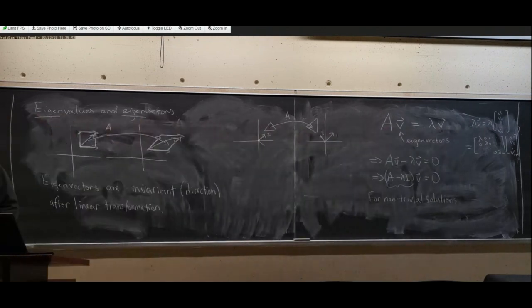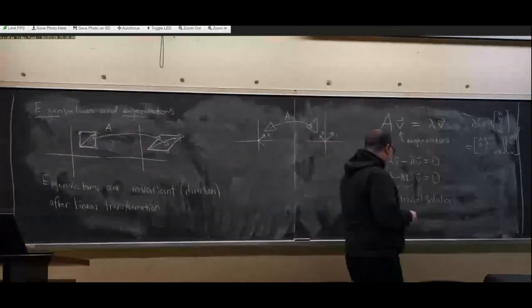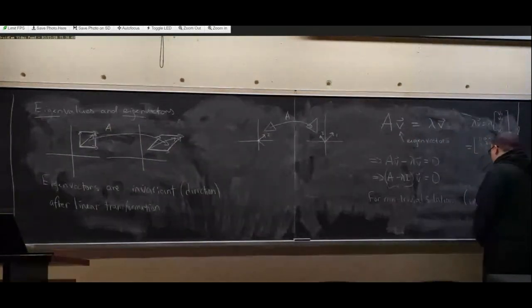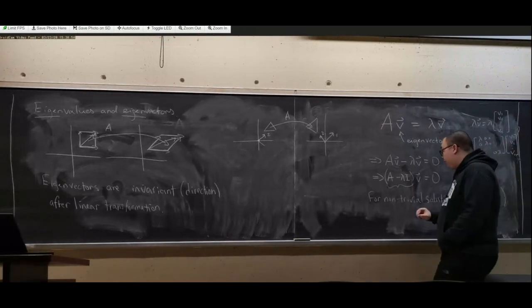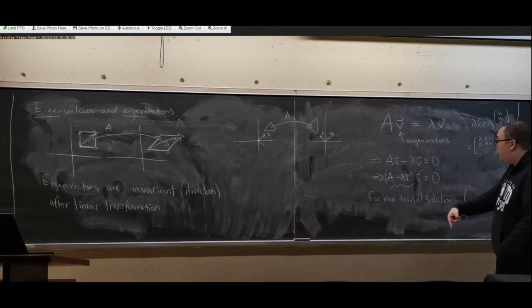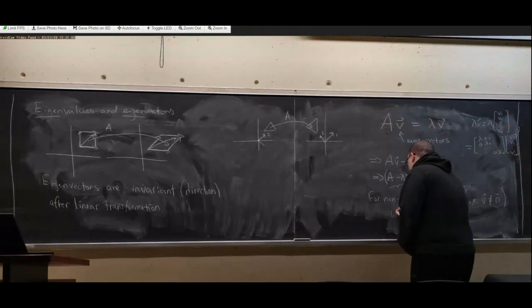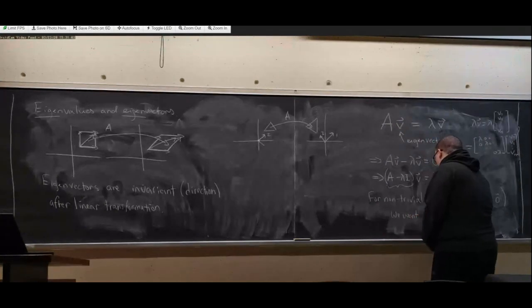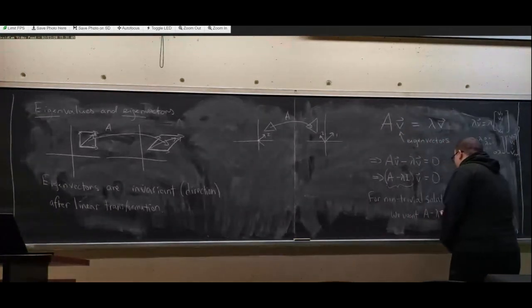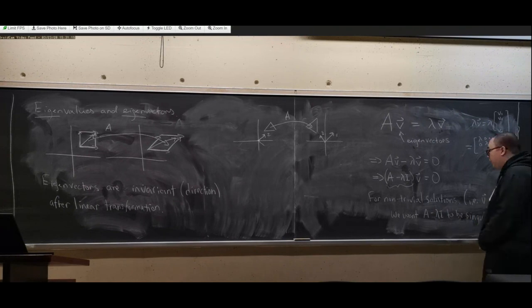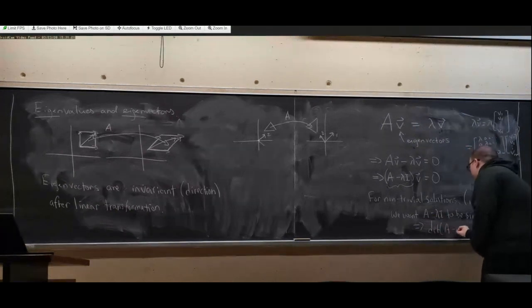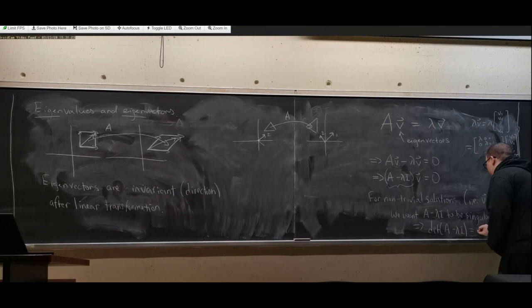It's not just me insulting you guys, saying everything is trivial. I.e., v does not equal 0. For non-trivial solutions, we want this matrix, A minus lambda I, to be non-invertible, to be singular. Or the same as we want the determinant of A minus lambda I to equal 0.